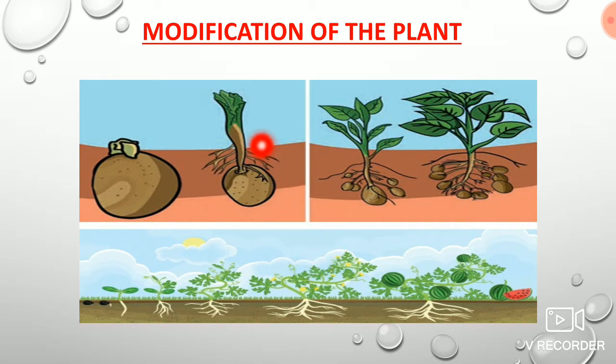But in the case of potato plant, it arises from the stem tuber. That means stem is a vegetative organ that can germinate into a new plant. From this, we can conclude that seed is not only the source for a new generation, even a vegetative part of a plant can also be used to produce a new plant.